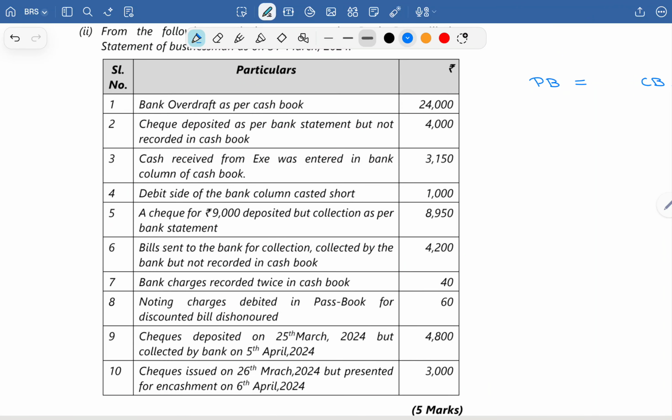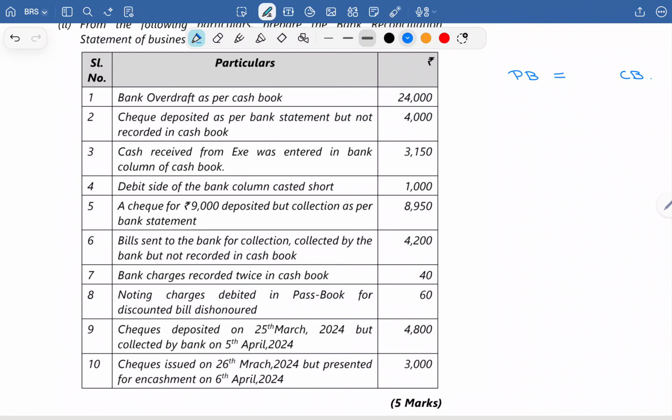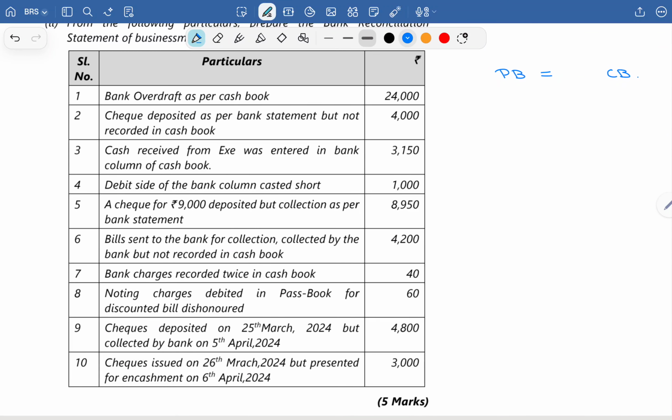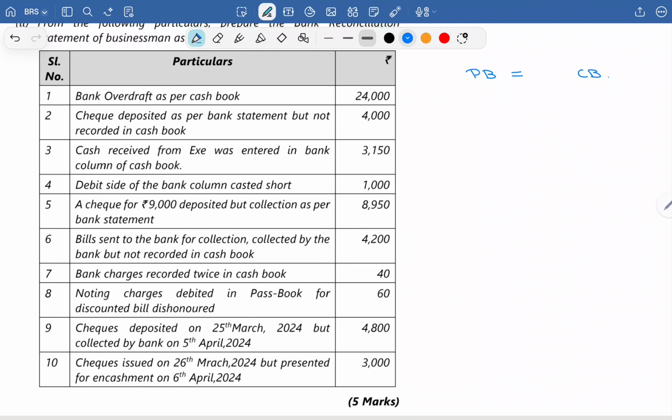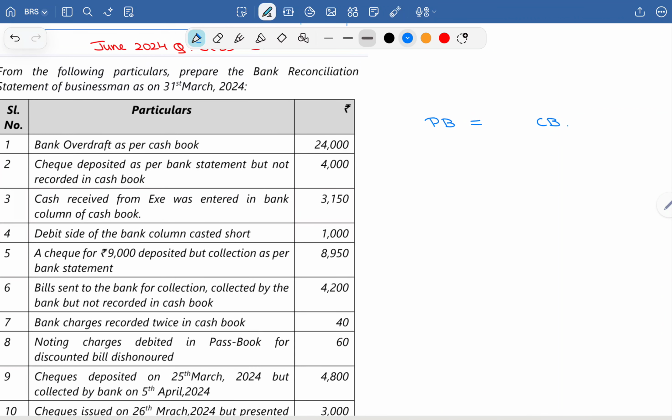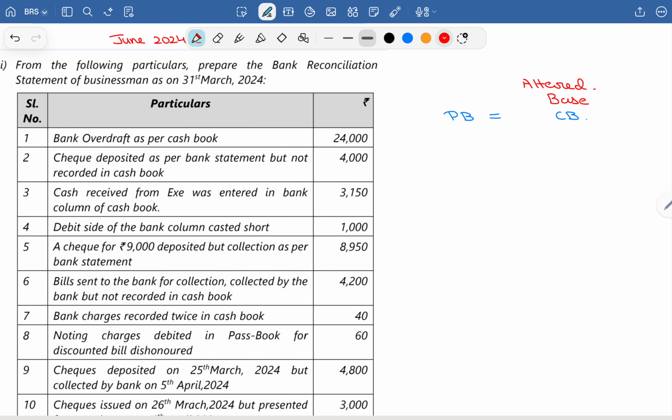Next one, first adjustment. Checks deposited as per bank statement but not recorded in the cash book. So cash book is my base, so I will write the base on the right hand side. Now checks deposited as per bank statement, so there is an increase in the bank passbook, plus 4,000.